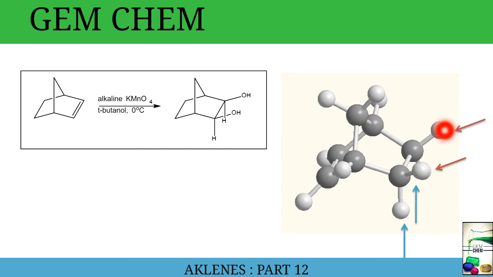This is the least hindered side. Whereas if we consider the attack from the blue side, then here there are several groups which can cause hindrance. So this product is exclusively obtained and also isolated because the permanganate favors attack from the less hindered side.